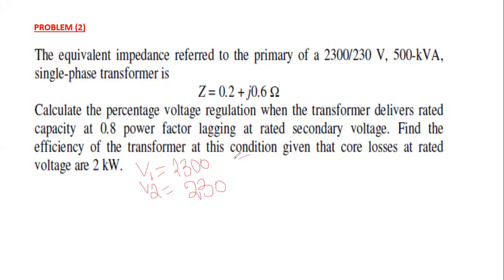And what is the rating of the transformer? That is 500 kVA. Understand? The rating of the transformer is 500 kVA and the equivalent impedance referred to primary. That means the impedance value is referred to primary.